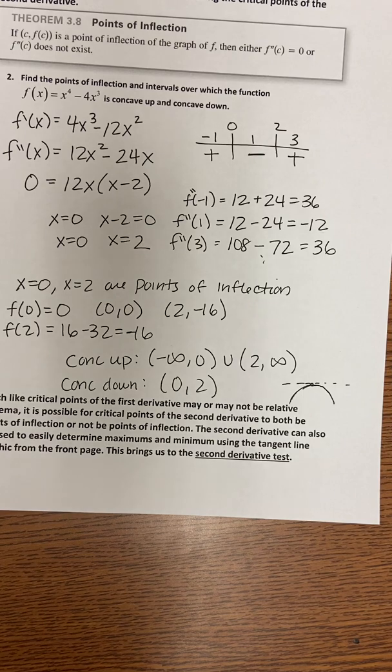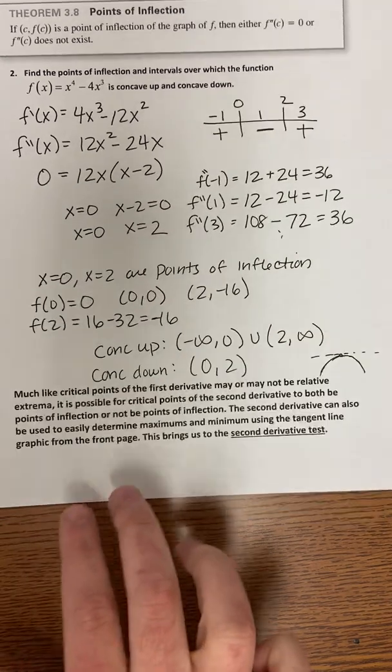So if the second derivative at a relative max or relative min, relative extrema, your critical values of the first derivative, are positive or negative, we can kind of determine whether or not you have a relative minimum or relative maximum. And that brings us to what we call the second derivative test.